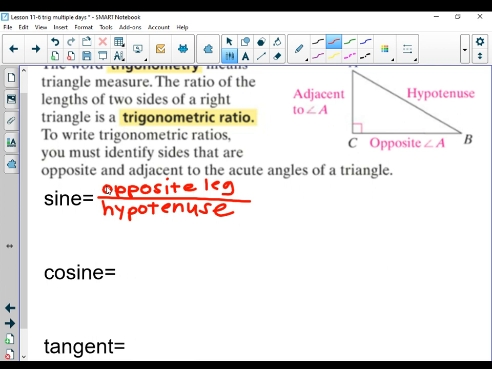So here's our first ratio comparing the opposite leg and the hypotenuse. Everybody's writing that?